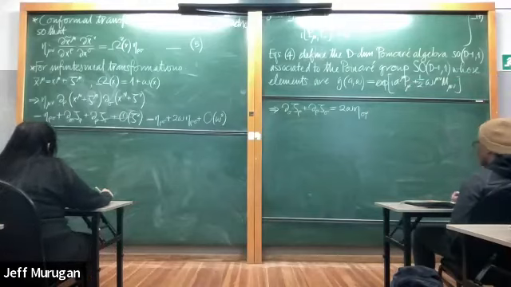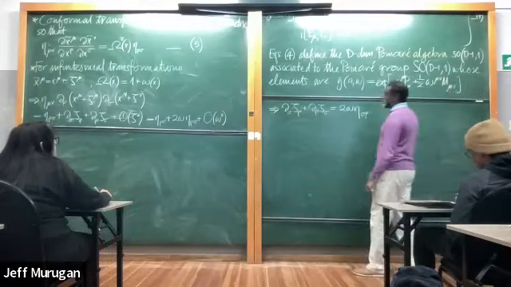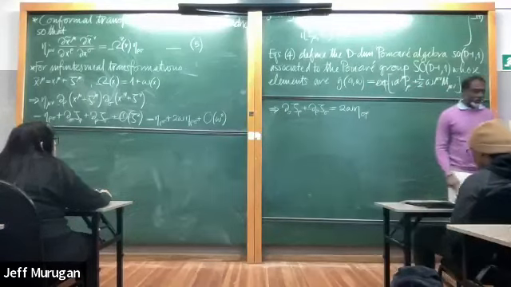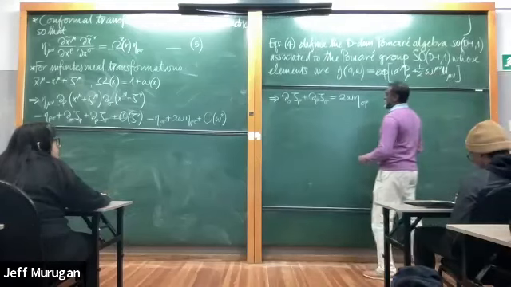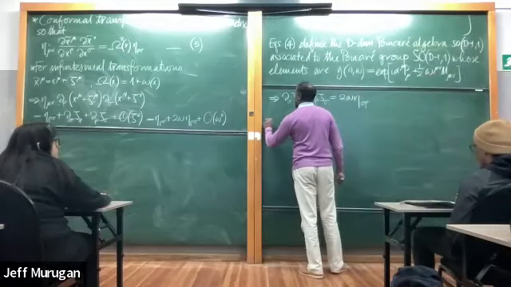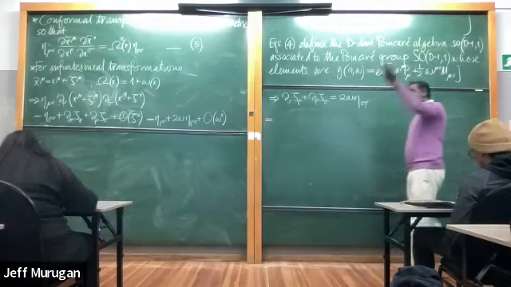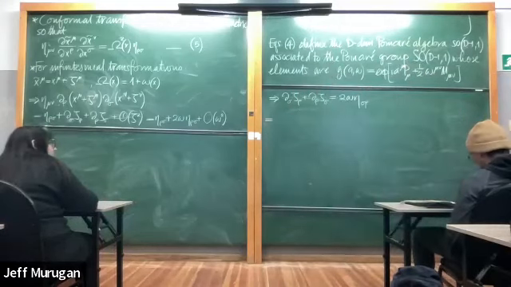So now we can contract this. So I multiply both sides by another eta. Use the fact that eta mu nu is a diagonal identity. It's the Kronecker delta in D dimensions.